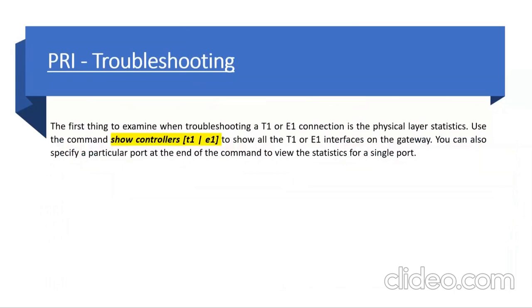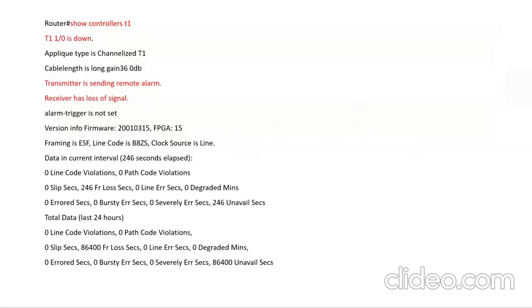The show controller T1 and E1 command shows whether your PRI is up or down, what type of line code and framing you are using, and whether you have some slip errors and errors on the line. So this command can be used to get the physical status. Show ISDN status shows the output of layer 1 status, layer 2 status, and layer 3, everything. We'll see what are the good states and bad states of ISDN layer 1 and layer 2.